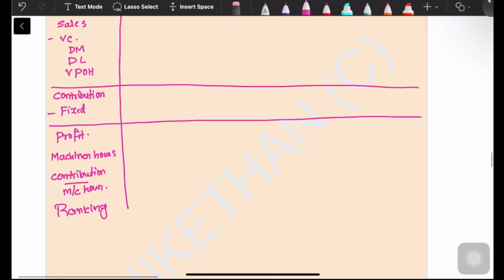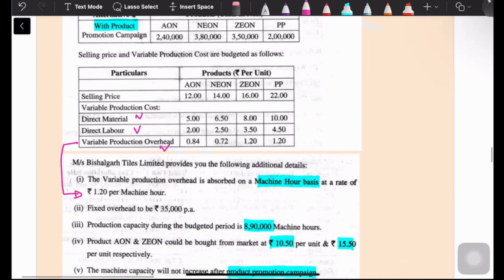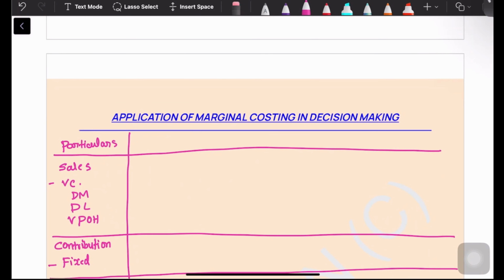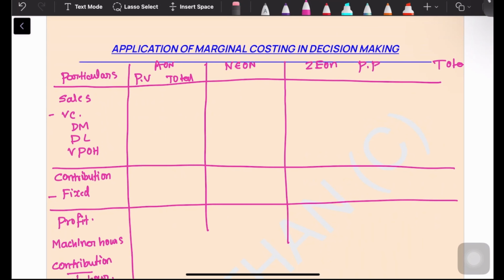So ranking will give us the production mix, which one has more contribution per hour. So let us start with AON, Neon, Xeon and PP, 4 products. All will have per unit and total. So this is AON, second is Neon, Xeon and PP, the last, total. Make 4 sub columns like this.